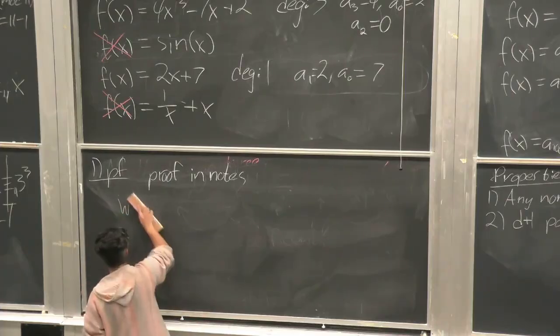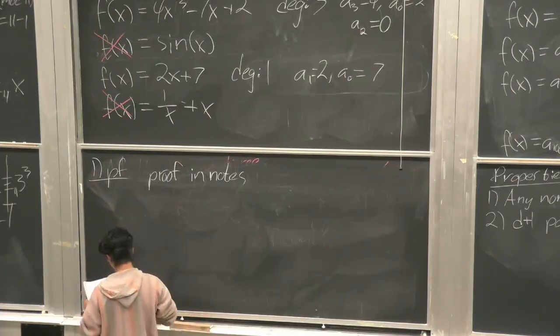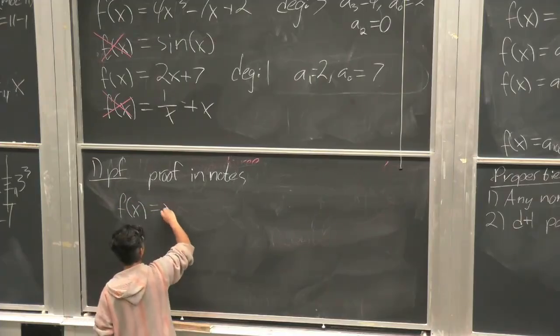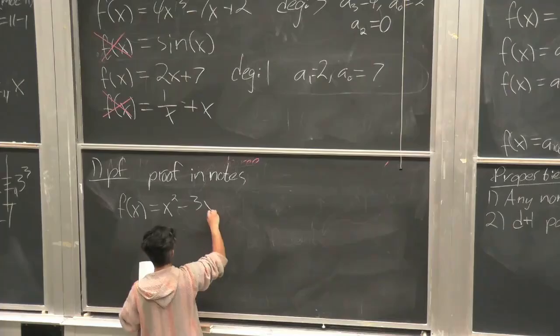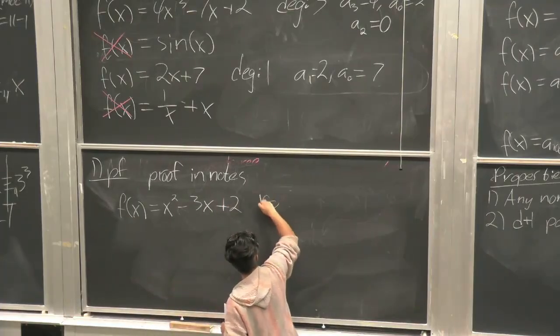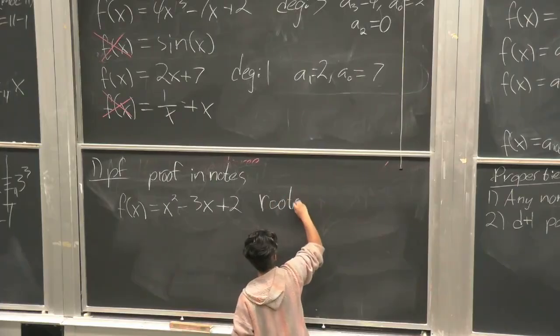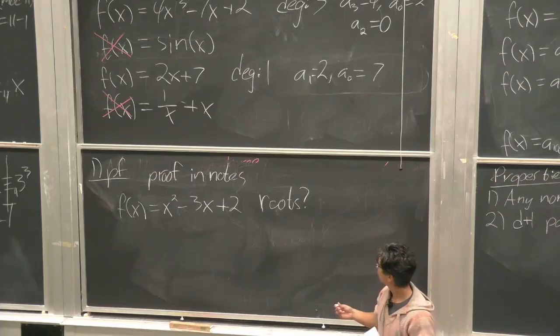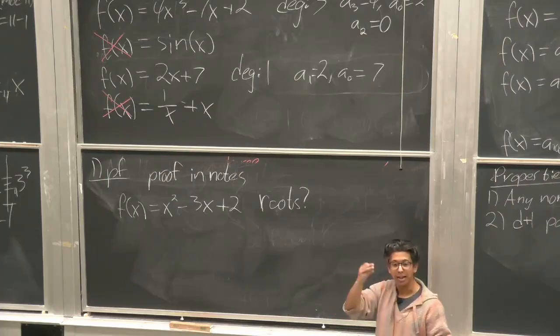Let's say I give you a polynomial, f of x is equal to x squared minus 3x plus 2, and I ask, what are its roots? Again, what are roots? Roots are where the polynomial crosses the x-axis.